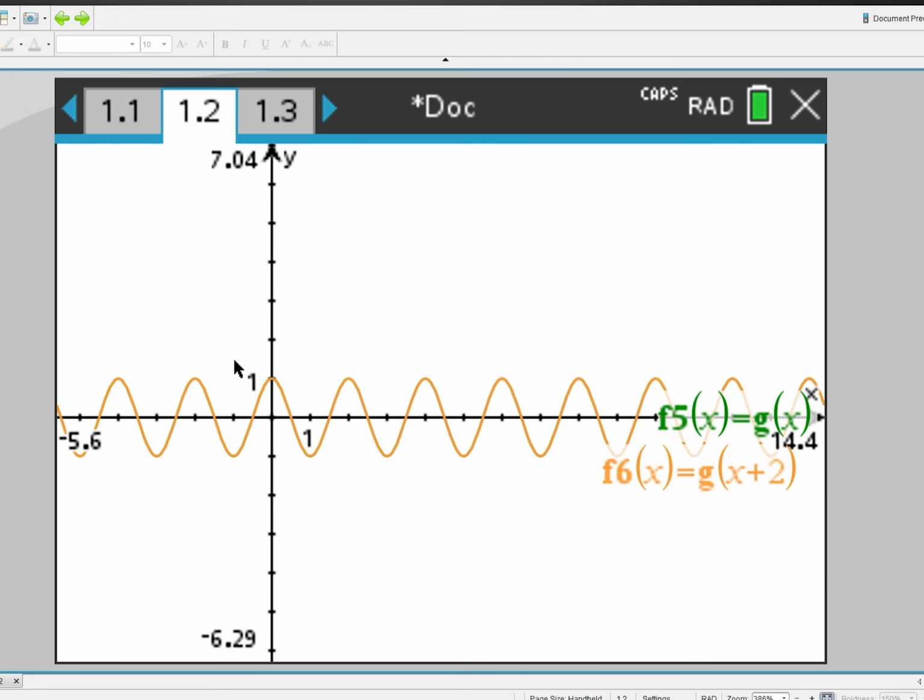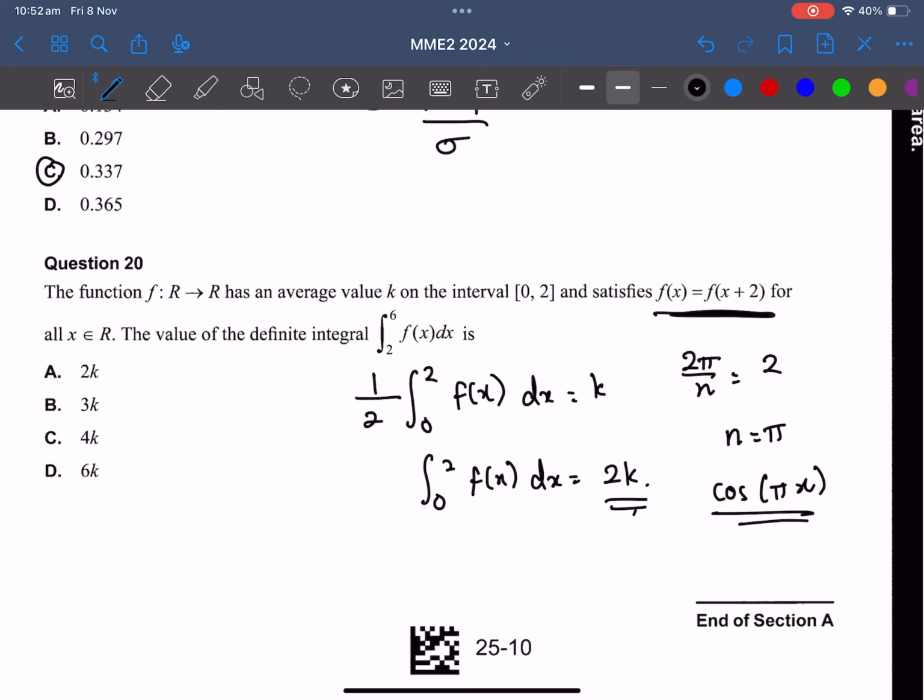So now the area from 0 to 2 of this is going to be the same as the area from 2 to 4 and 4 to 6, right? Because it's a repeating function, so it will have the same area. Yeah, okay, that makes sense.